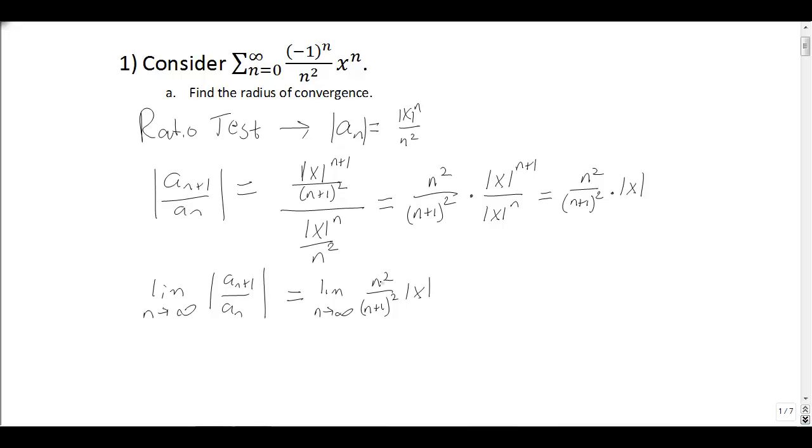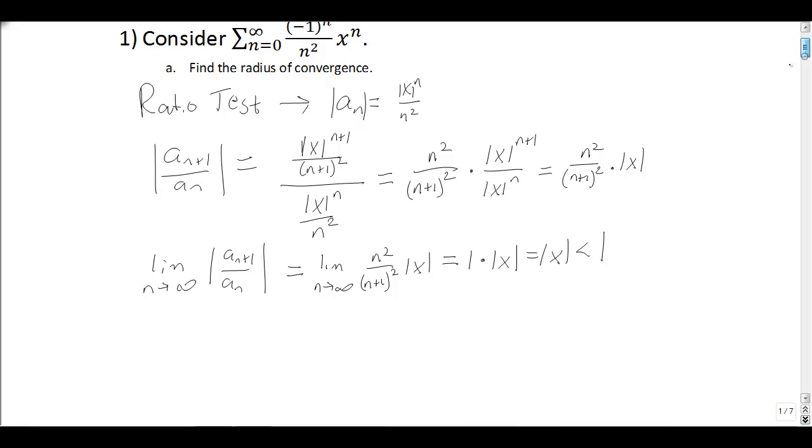They're both 1, so n squared over n plus 1 squared will go to 1. Absolute value x has no n, so it's just absolute value x. So this ratio is absolute value x. And what I need for the ratio test to get me convergence, actually absolute convergence, is for this ratio to be less than 1.